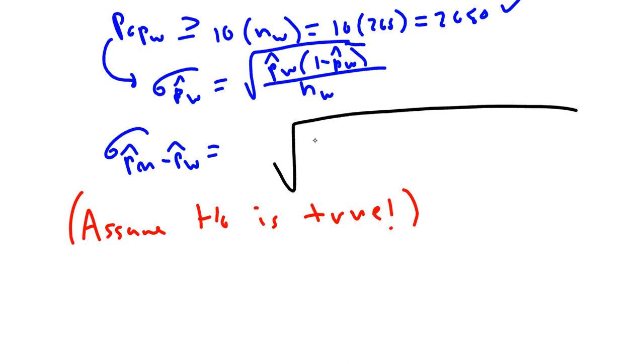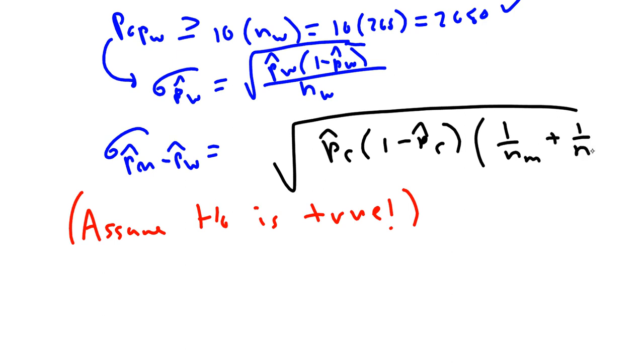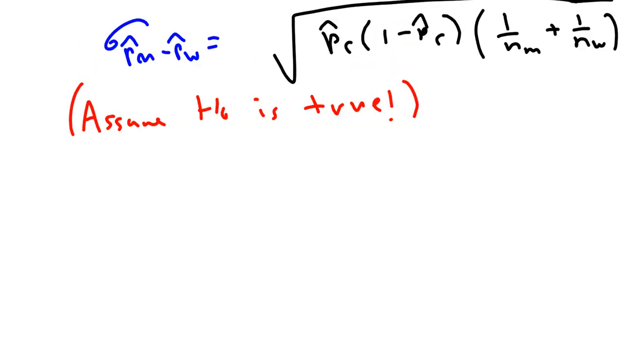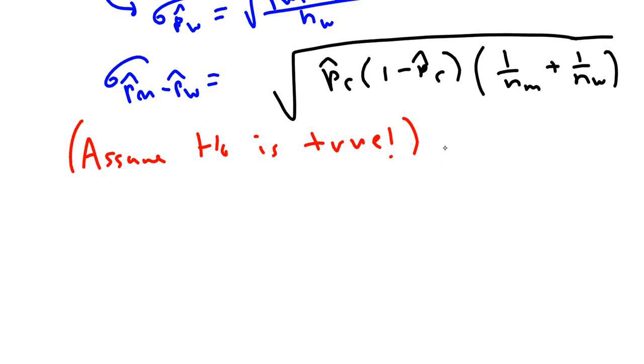Square root of p hat combined times 1 minus p hat combined, that's what that little c stands for, times 1 over the number of men plus 1 over the number of women. If you want to write this another way, you can write it where this expression gets distributed onto both of these.